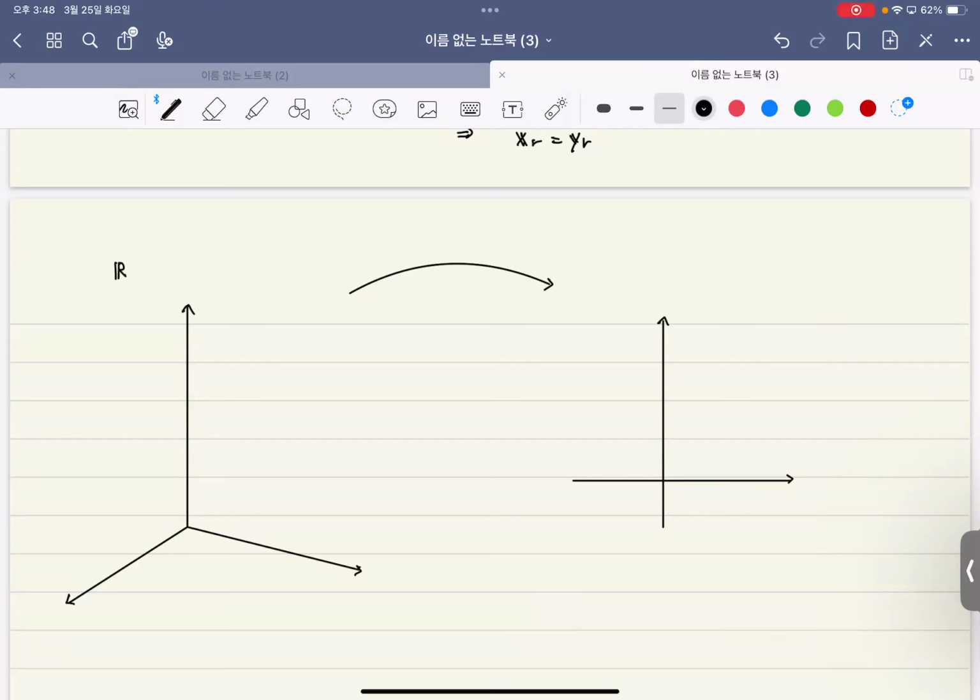I would say this is Rn, this is Rm, and matrix A is an m by n matrix.